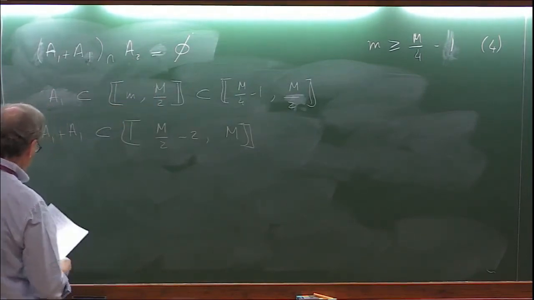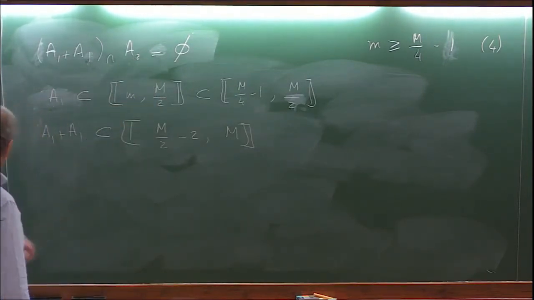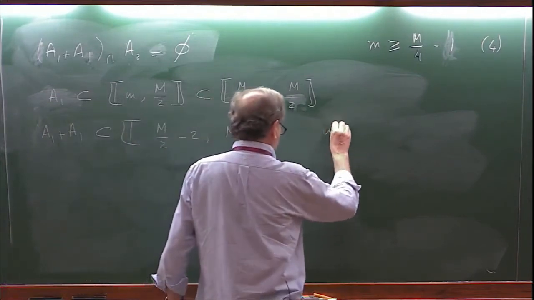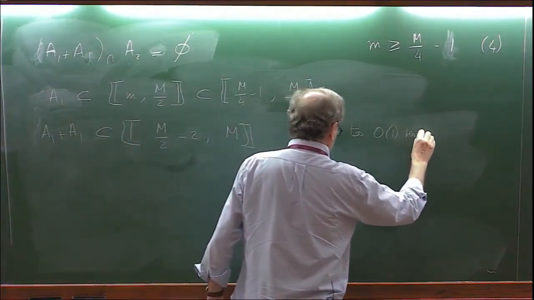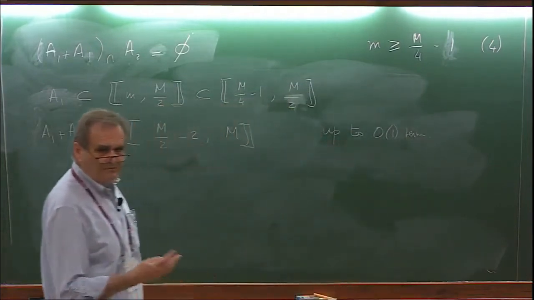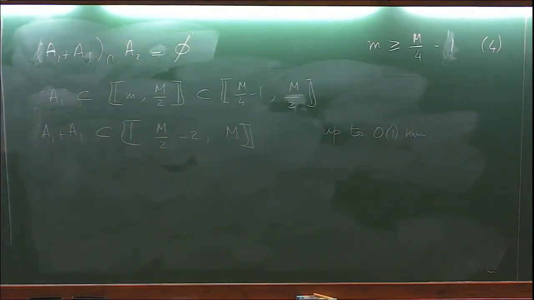Well, what is interesting is that A1 plus A1 is also in the same interval. I should have been more careful about that, but okay. Up to big O of 1 terms. But I mean, the big O of 1 is 1, 2, or 3, and you have really to be more cautious than I was in my notes.